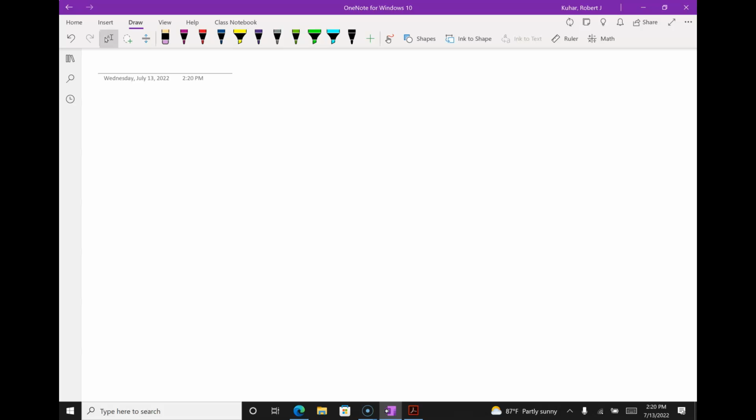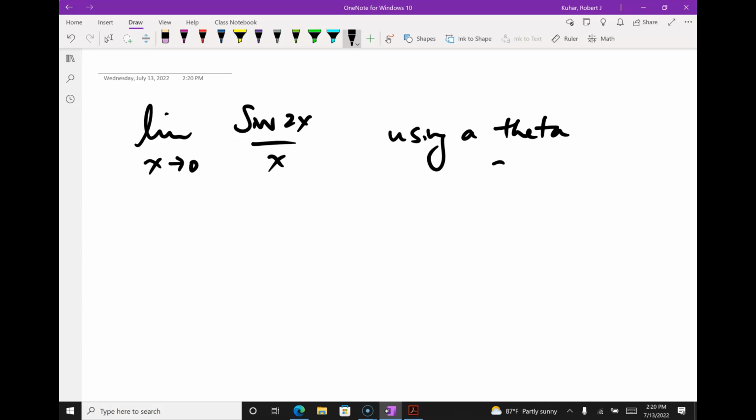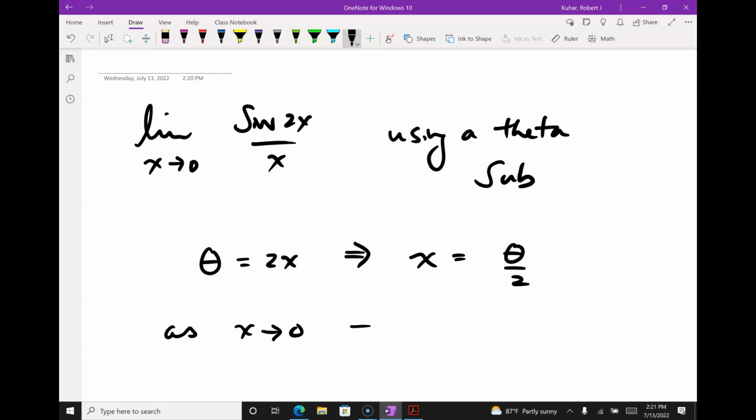The theta substitution. So meaning I'm going to let theta equal 2x. So what does x equal? Nice. As x goes to 0, where does theta go?